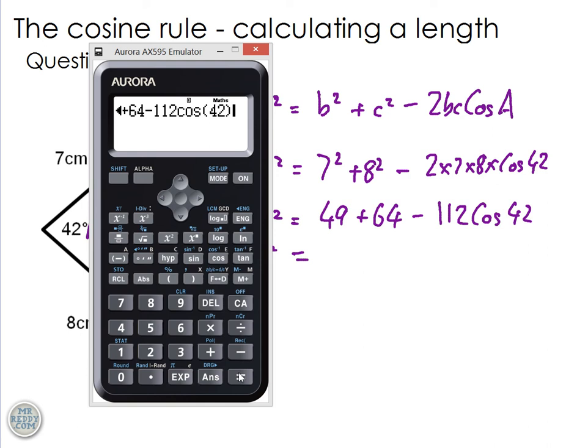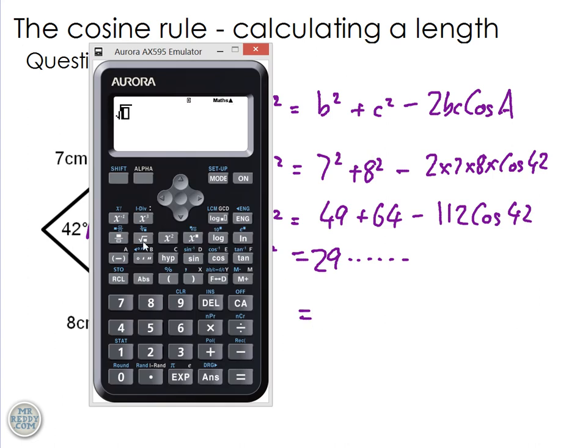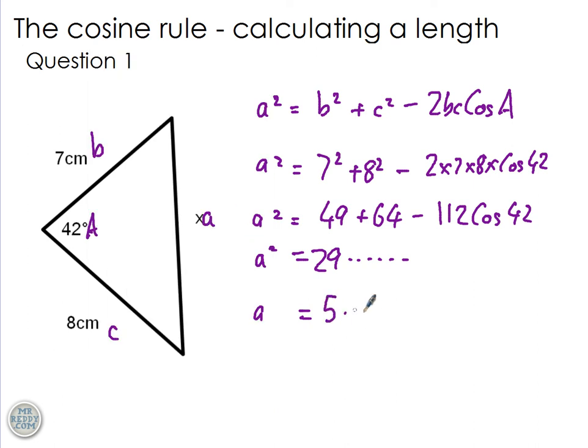That was example number 1. Right, equals 29 and a equals the square root of that, 5.5 centimeters to one decimal place.